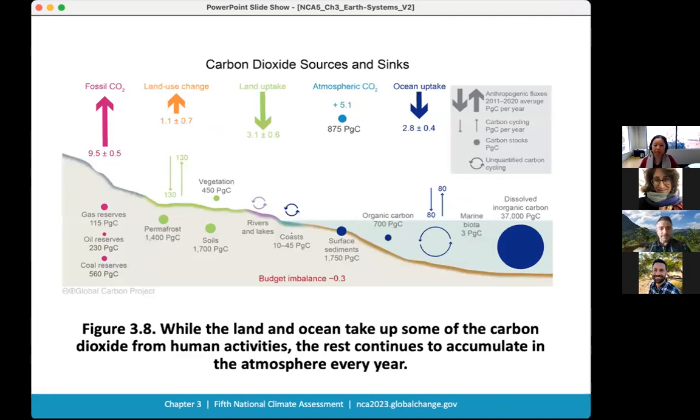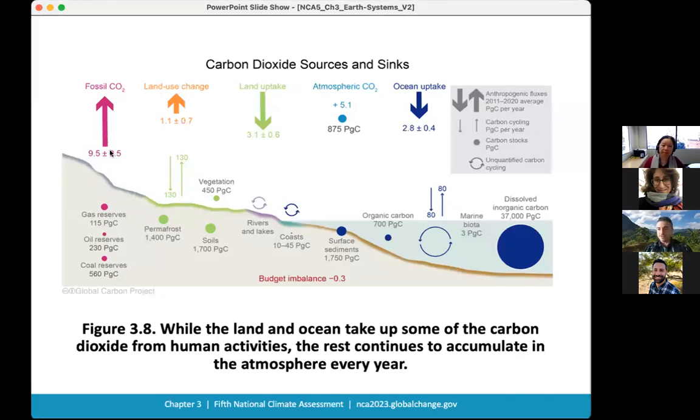Okay, so this is showing how carbon dioxide is getting taken up and put back into the atmosphere and cycled around the Earth system. This illustration shows the overall global carbon budget and how humans are adding a lot of carbon to the atmosphere every year.